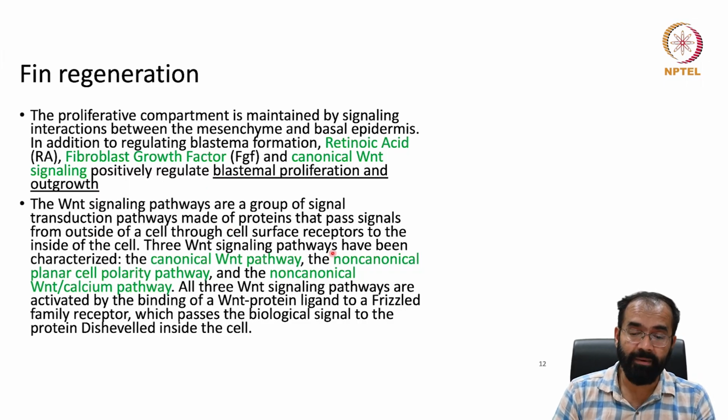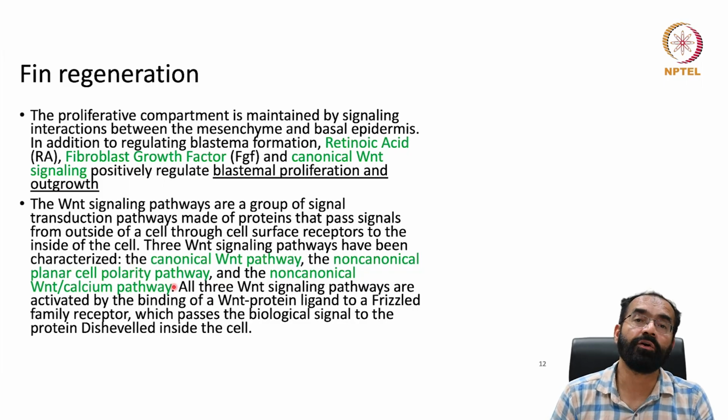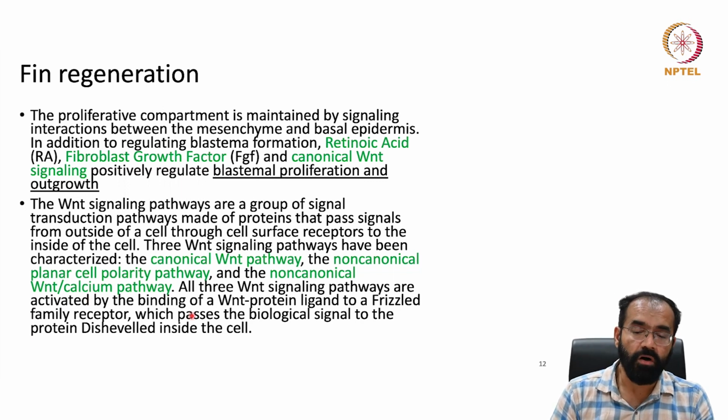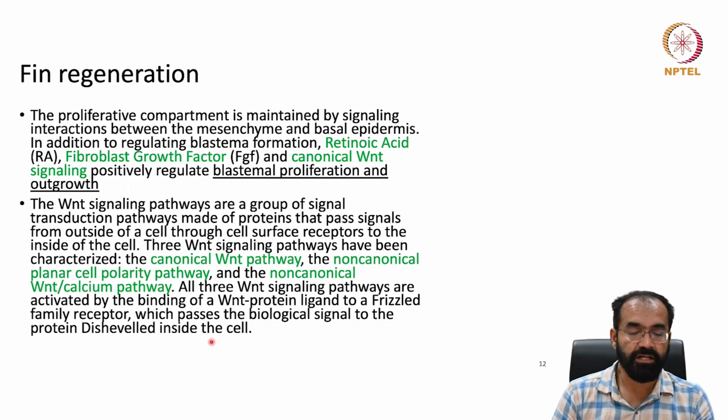Three Wnt signaling pathways have been characterized, three different types of action. One is the canonical Wnt signaling pathway, and the non-canonical planar polarity pathway, and the non-canonical Wnt calcium pathway. So the Wnt ligand can make the vicinity respond in three different ways. All three Wnt signaling pathways are activated by binding of a Wnt protein ligand to the frizzled family receptor, which passes the biological signal to the protein disheveled inside the cell.